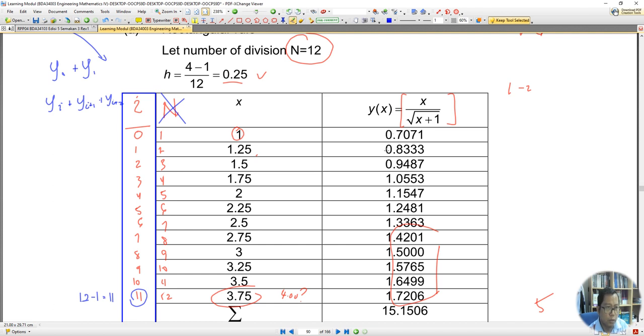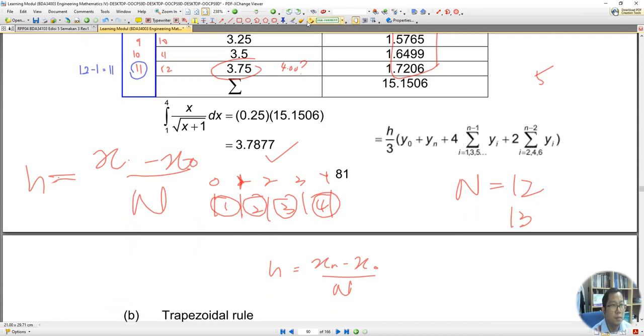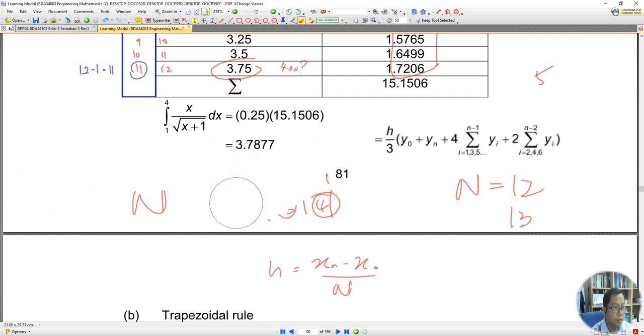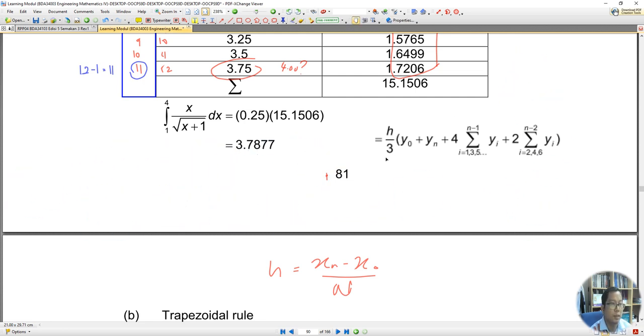In this case, how you get 0.8333 is you substitute the x value using this one. So this is the rectangular method.